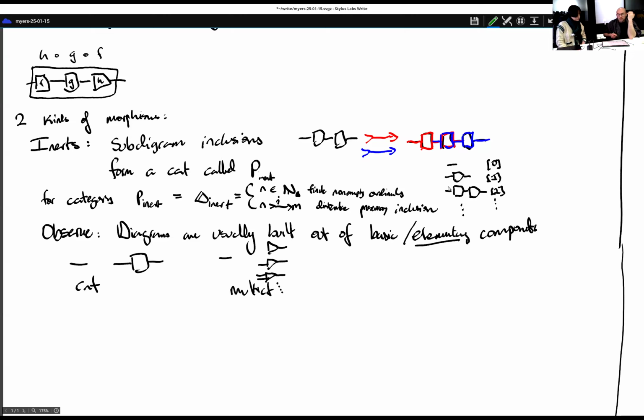But note that for the objects, when we're looking at categories, it's these sequences. For multicategories, it's trees. And for props, it's directed acyclic graphs. Open directed acyclic graphs, if you will.